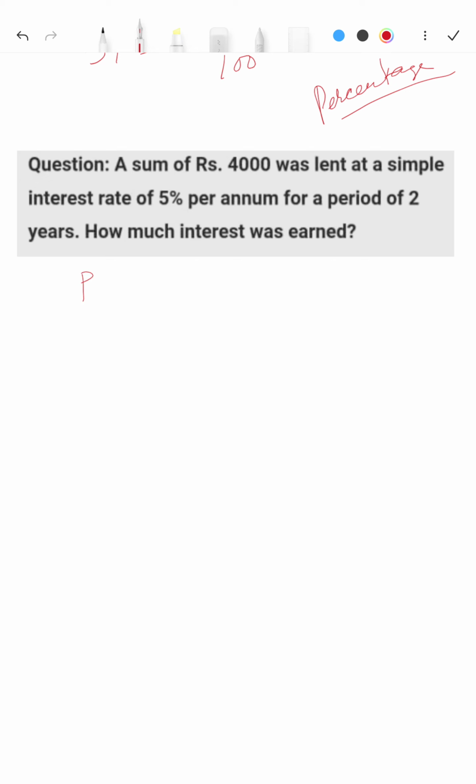which means the principal equals 4,000. It is lent at a simple interest. We have to find this, and the rate of interest is given to us as 5% per annum. This is important because sometimes it will be quarterly, sometimes half yearly, and sometimes even biannually, and for a time period of 2 years.